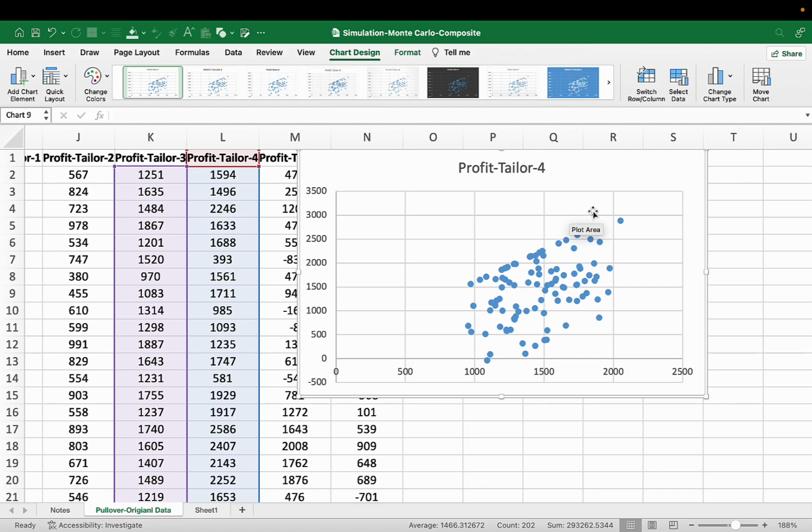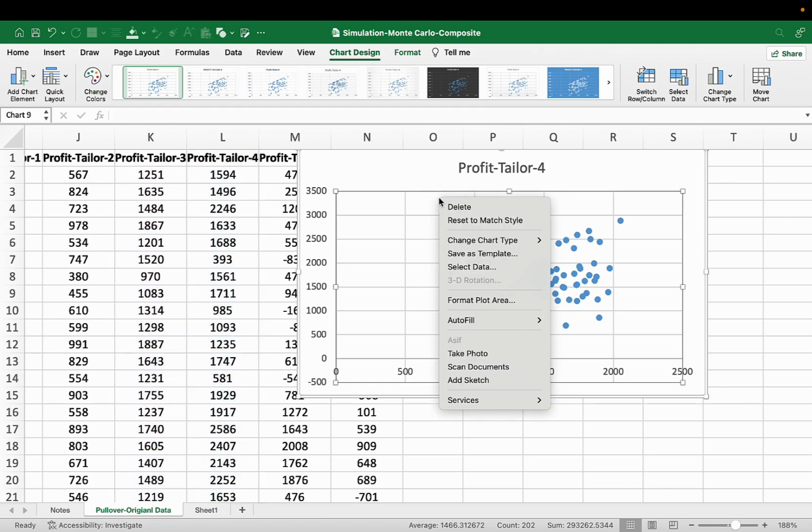It's not a good one. It's a defective one. What I want is for all these data points that you can see in purple color and blue color to be here. Which means I want data for 3 tailors, and data for 4 tailors here.